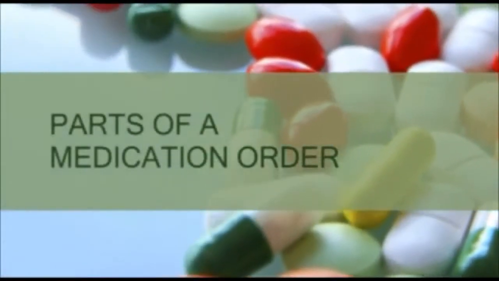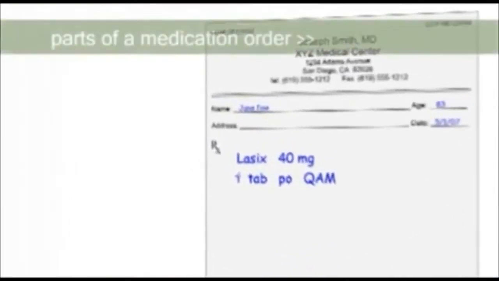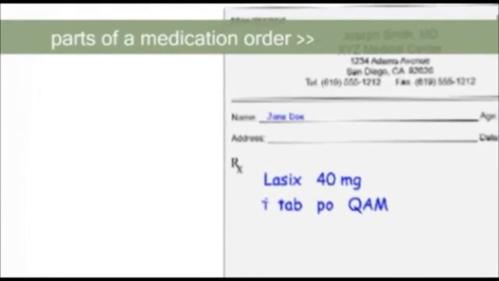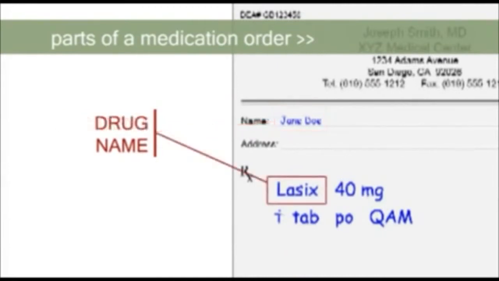Whenever obtaining a physician's order, it is critically important the order is complete. Let's talk about some of the important components in a physician's order. A physician's order must contain the following: the name of the resident, both first and last spelled correctly, the name of the drug.